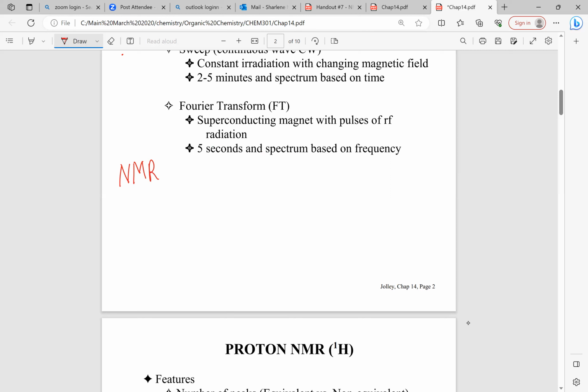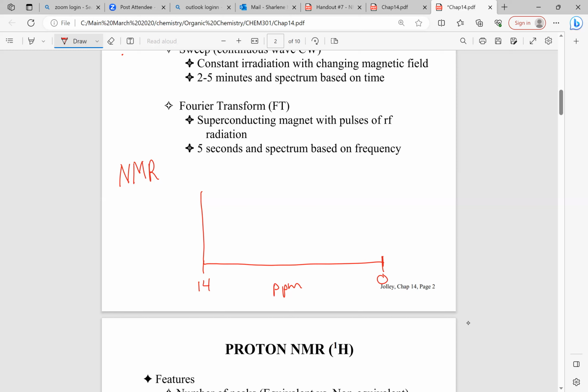The first thing is we have to recognize that it is an NMR. On the x-axis is going to be parts per million, and the y-axis basically tells you the height or the integration. We always start at 0, and then generally we can go up to 12, 13. I'm going to put 14 right here.